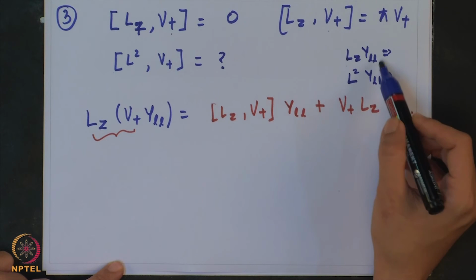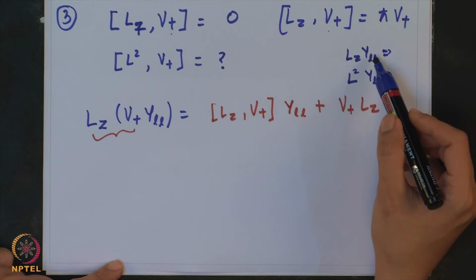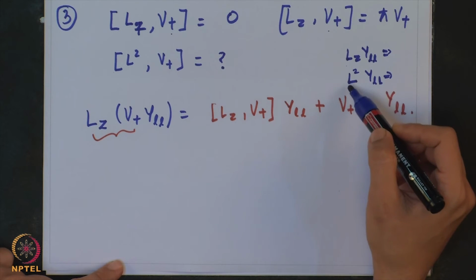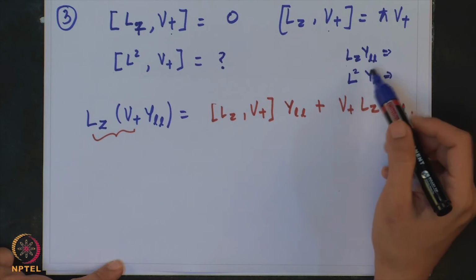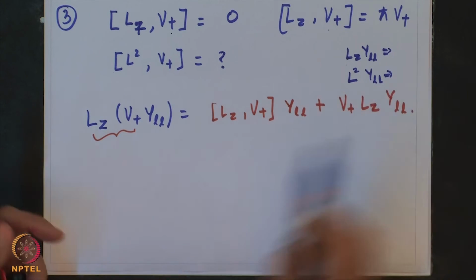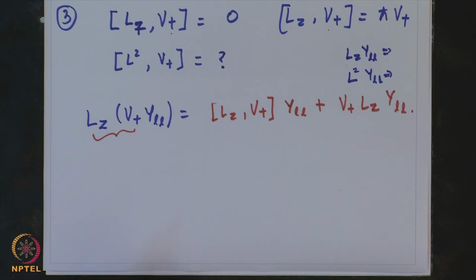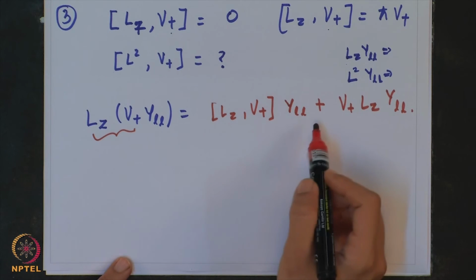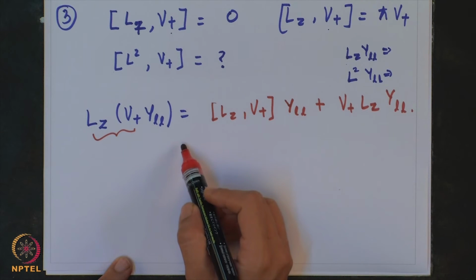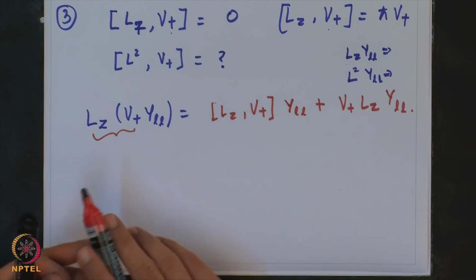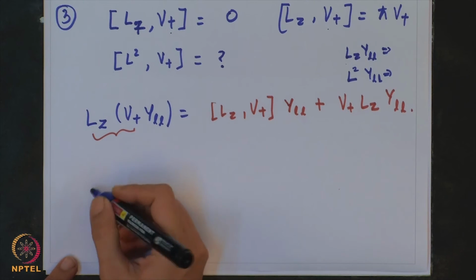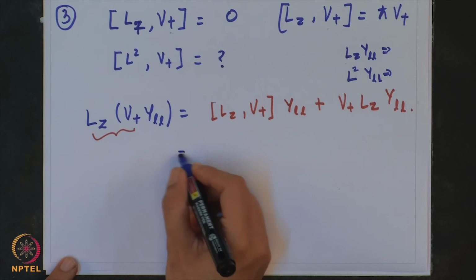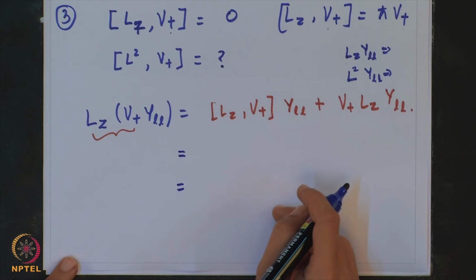When Lz is operated on Y_LL, it will give me L H cross Y_LL, and L square would give me L into L plus 1 H cross square. So, these relations we know. Going ahead, this is given to you, you can evaluate from here, and after doing 1 or 2 steps, you will get to the result of what you have to prove.